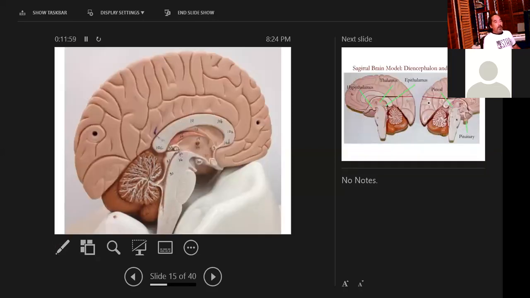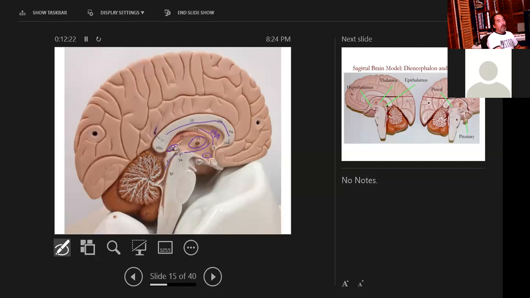Now, same pictures. As I said about the nervous system, always this part here: corpus callosum, your fornix, septum pellucidum, the thalamus, the hypothalamus, the epithalamus. Then here's the third ventricle. Here's the cerebral aqueduct.